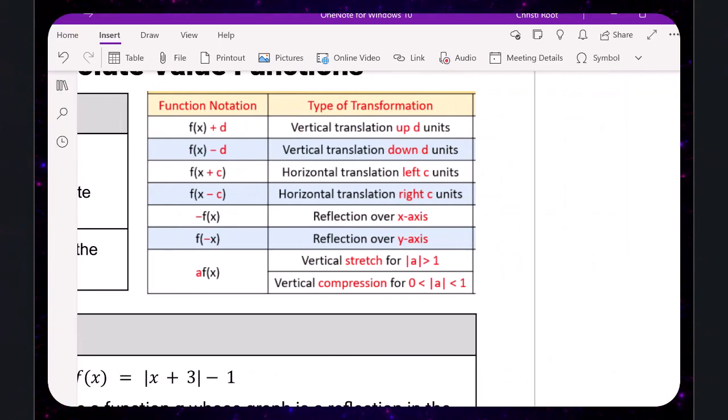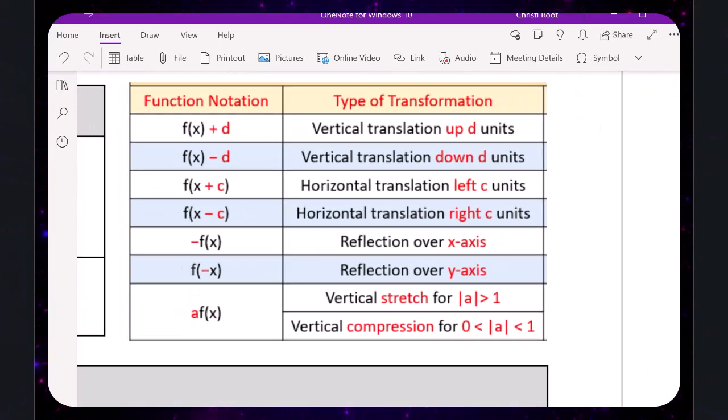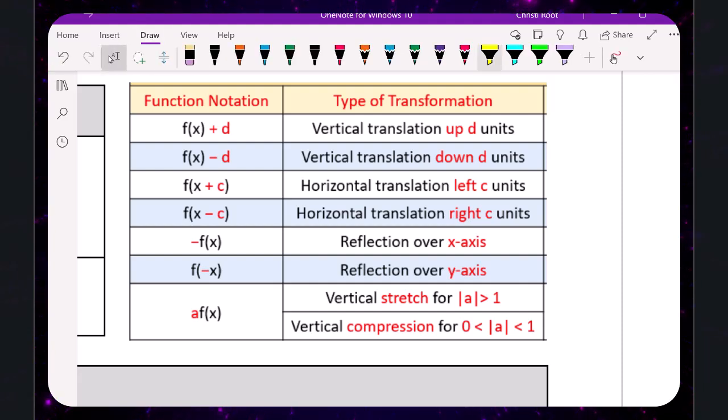Once again, I have added this little table to help you figure out what to do with the function or what to do with the x, depending on what transformation you use. Just to remind you how it works, if you want to move something up, you add to the function.